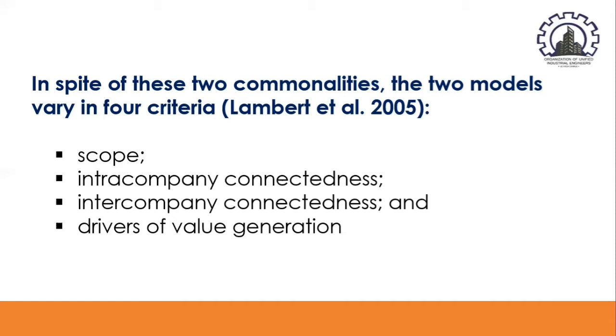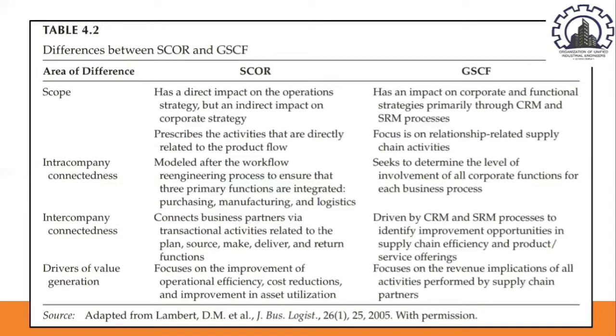And finally, we have drivers of value generation. So the drivers of value generation refer to approaches used to achieve supply chain excellence, such as reducing costs, increasing revenues, and improving asset efficiency. So as you can see in table 4.2, it summarizes the differences between the SCOR and GSCF models with respect to these four criteria.